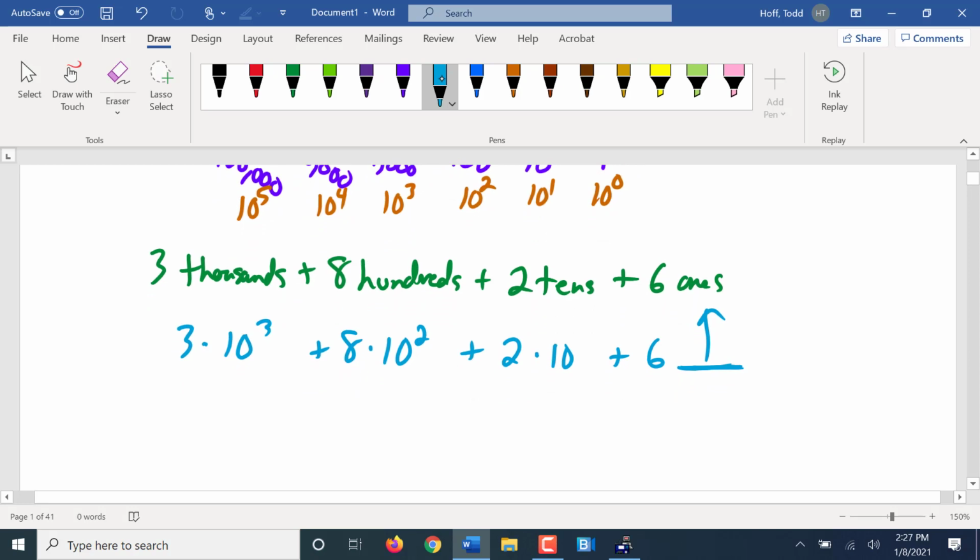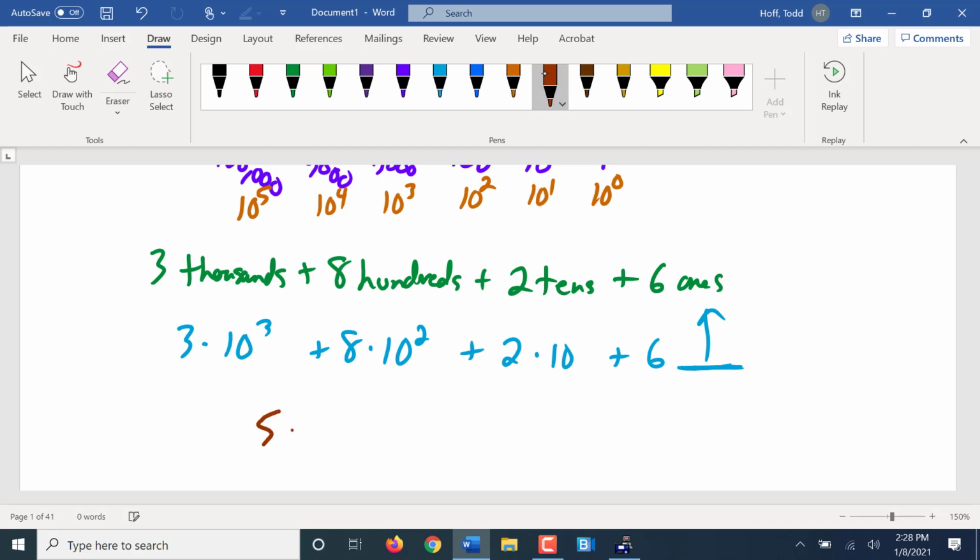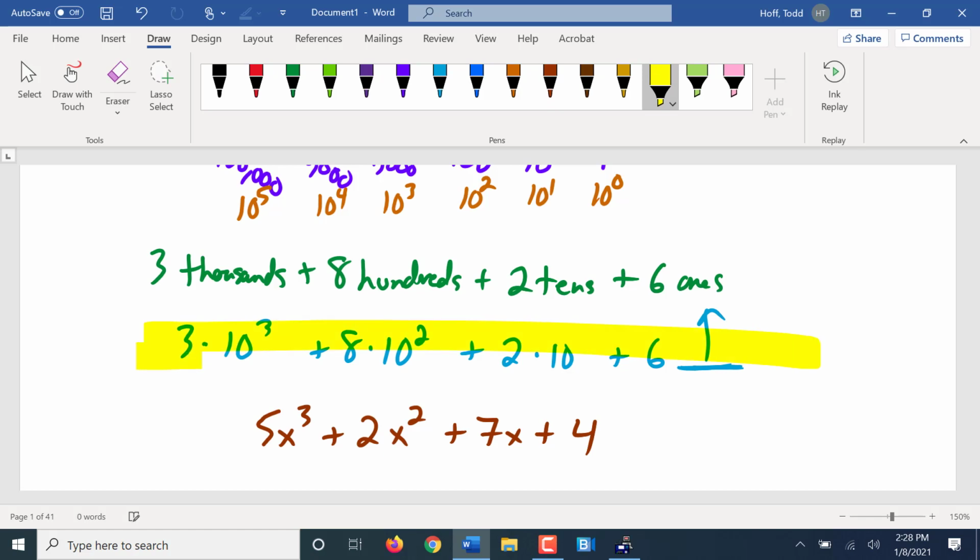When you did any basic algebra, polynomials is the term that's used. It's really just an algebraic number is all it is. We had 5x to the third plus 2x squared plus 7x plus 4. You can see a similarity between writing a number out in that expanded form and the algebraic number.